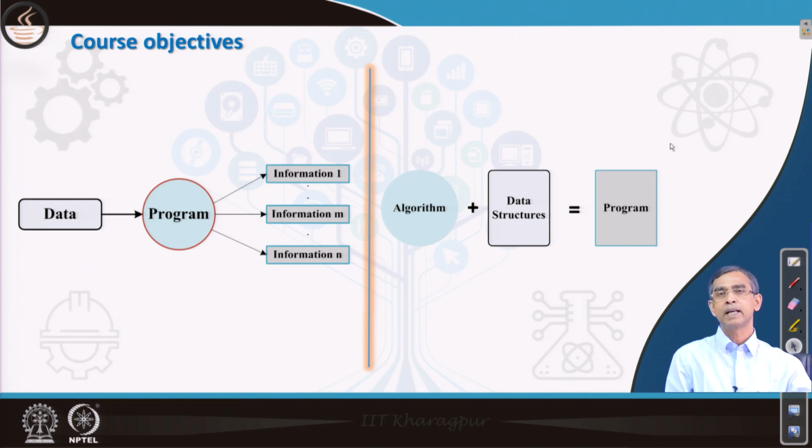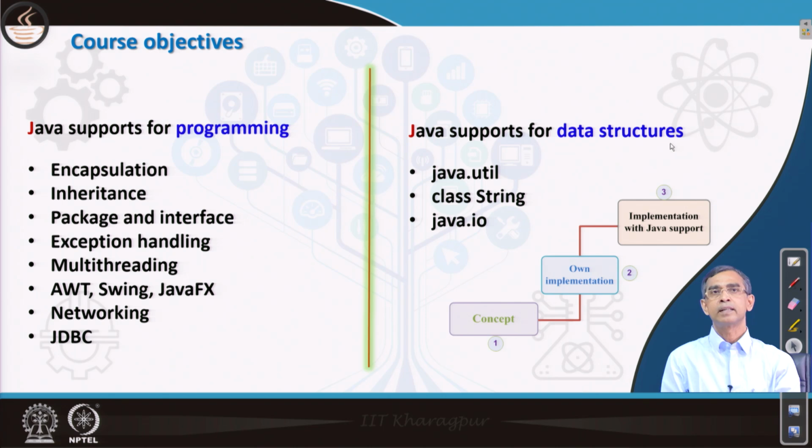So, the objective is learning data structures, algorithms, and using them, how the program can be designed and written. Now, so far as programming is concerned, more specifically we will consider the Java environment.